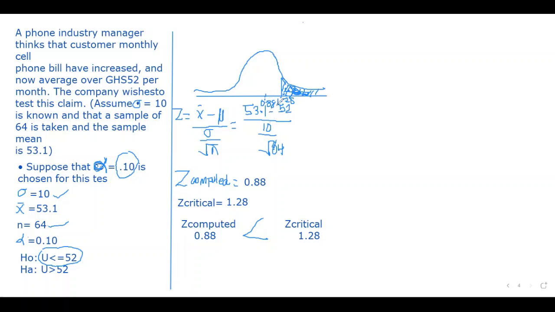You get it? Or you can use the normal rule that we know: Z computed is less than Z critical, we fail to reject.